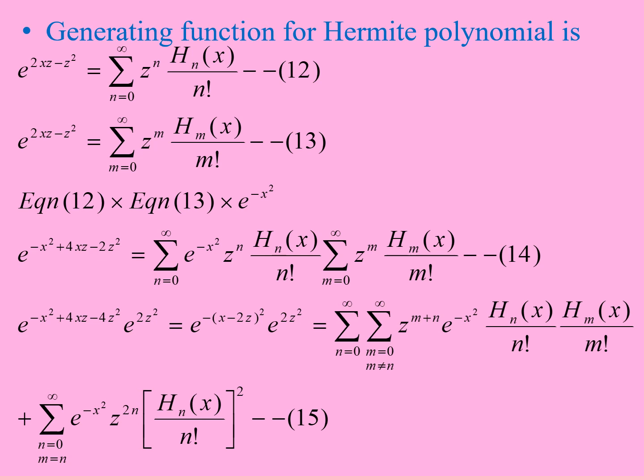So it is z power m plus n e power minus x squared Hn of x divided by n factorial, Hm of x divided by m factorial, plus here we have considered m is equal to n. So summation n is equal to 0 to infinity e power minus x squared z power 2n, Hn of x divided by n factorial, whole squared.